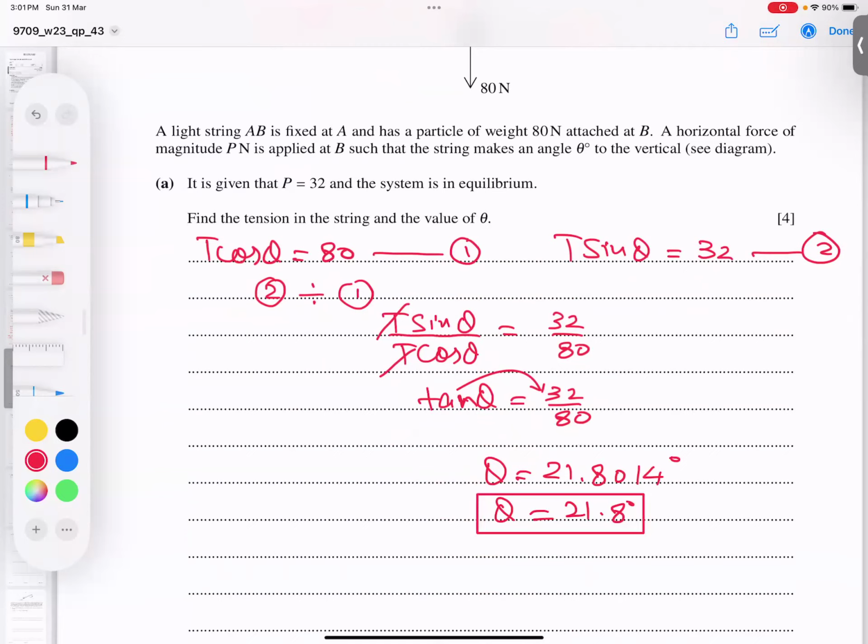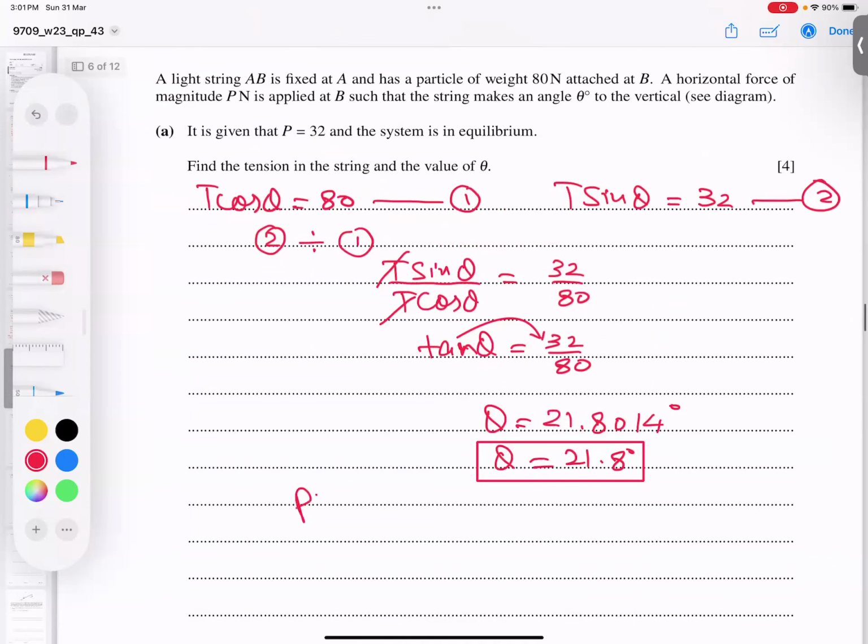But I will not use this rounded answer in any equation. No, I will use this one for accuracy. So put theta in equation 1 or 2, no problem. This value is going to plug in here. So T becomes 80 divided by cos 21.8014.